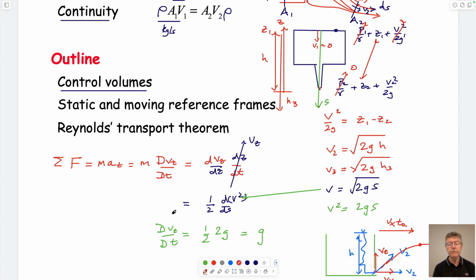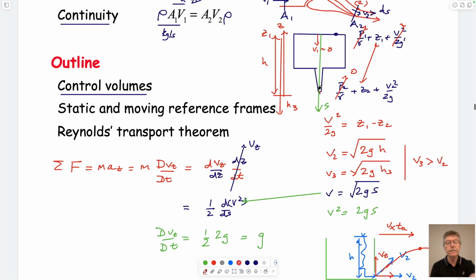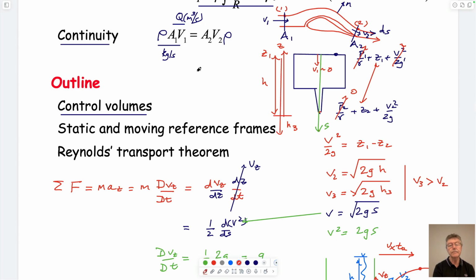By definition, if we know that V3 and V2 are given by these terms, then we know that V3 is greater than V2, right? Because H3 is larger. It's not in the z direction, it's the distance below the free surface. So the other thing we'd know is that this jet has to be thinning down because of this equation here.